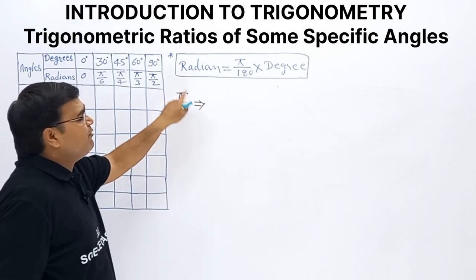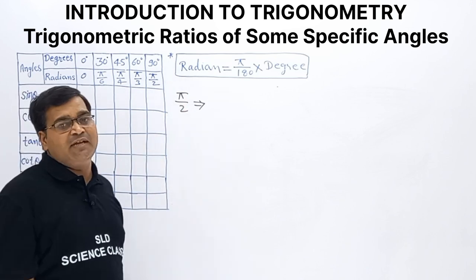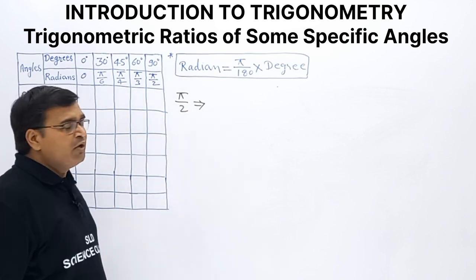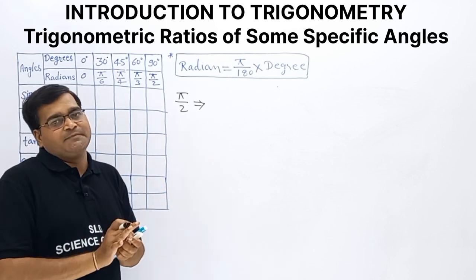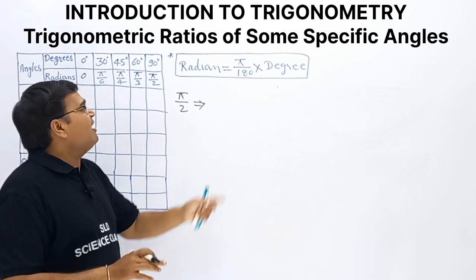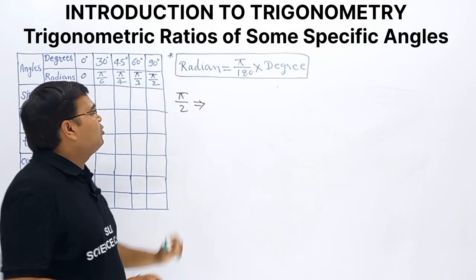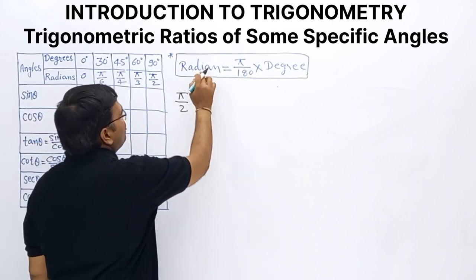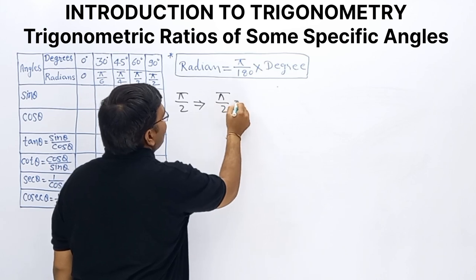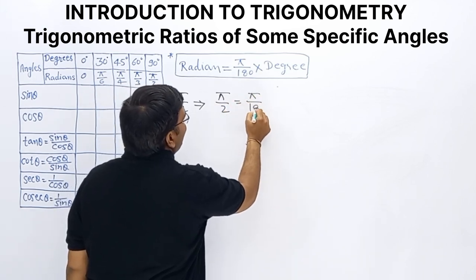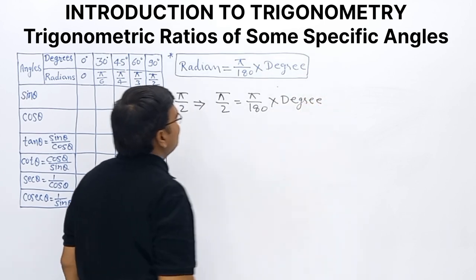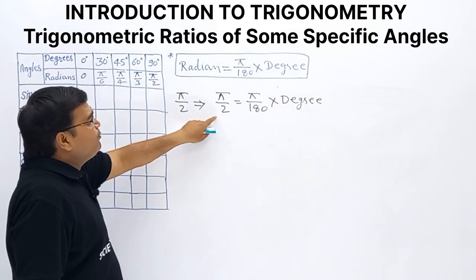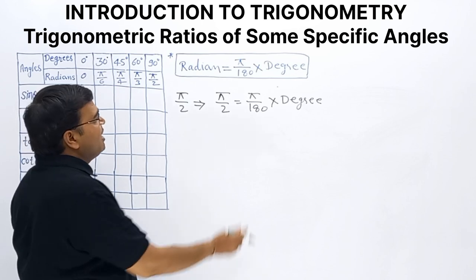We have angle pi by 2 radian and we want its degree value. So we put the radian value in the given formula: pi by 2 equals pi upon 180 into degree. Degree we want now. So radian is given, put this value in the formula and solve.